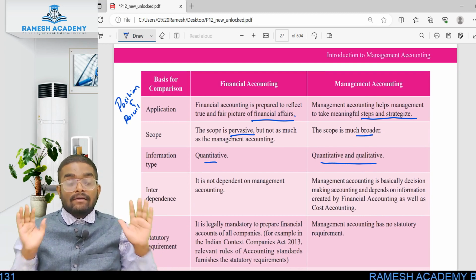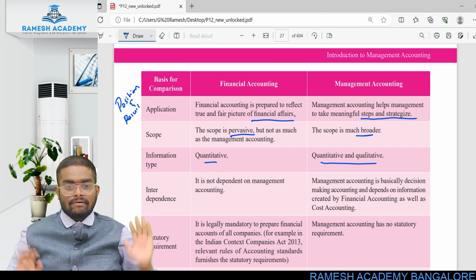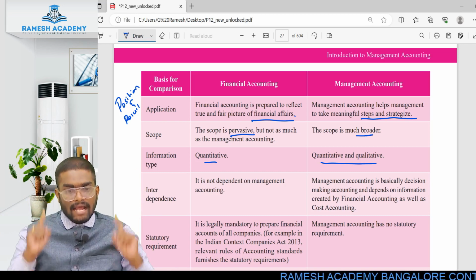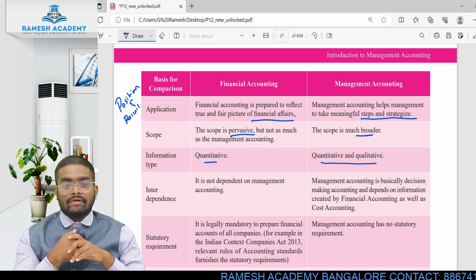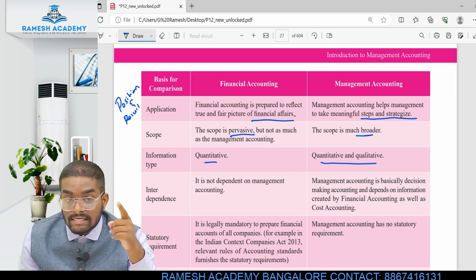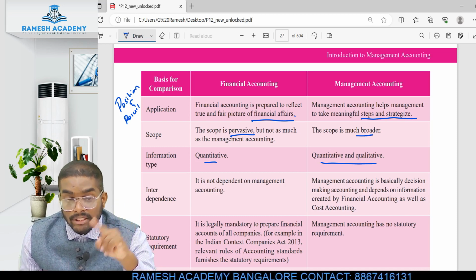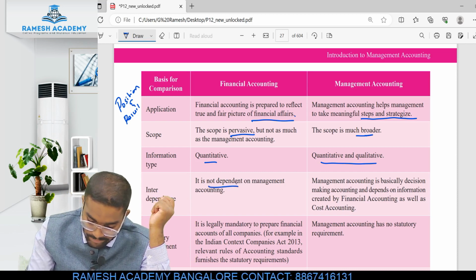Does financial accounting require any information from management accounting? The answer is no, because it will take information from the business itself. But management accounting requires financial accounting's information. There is a dependency of management accounting on financial accounting.